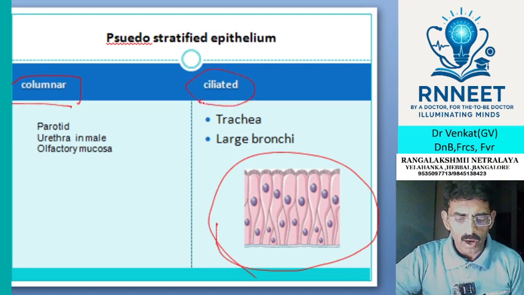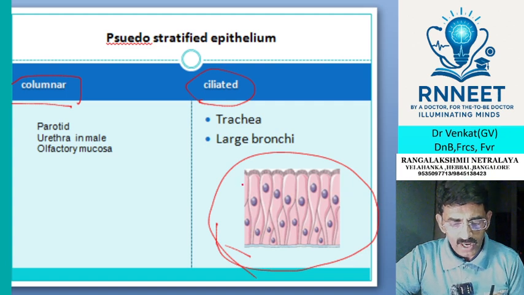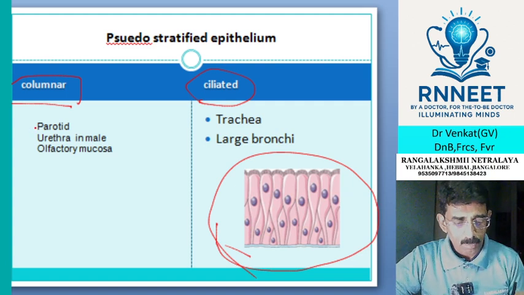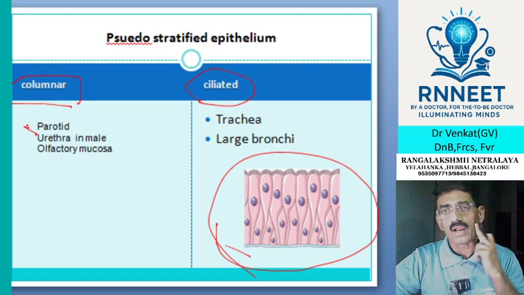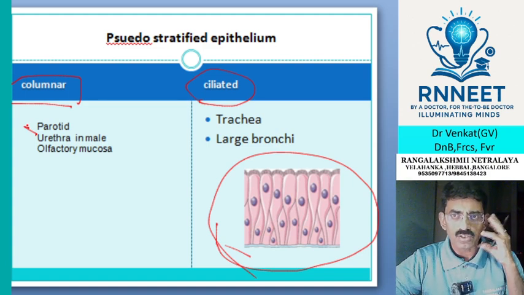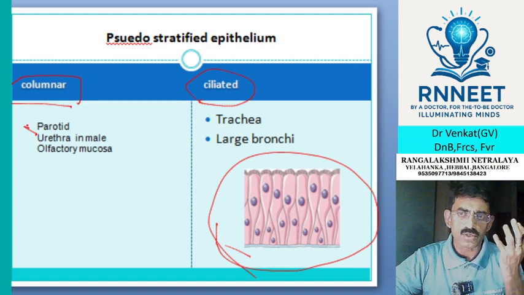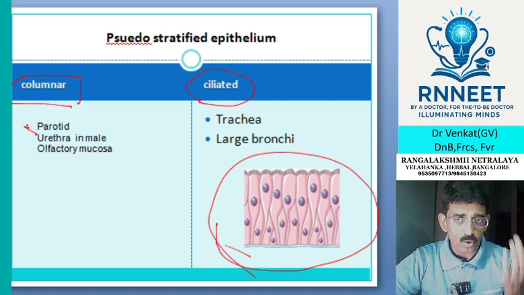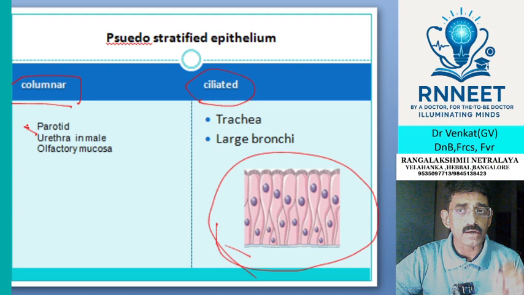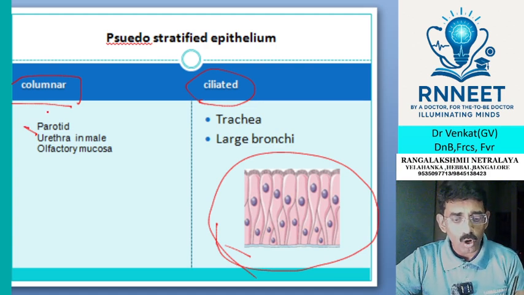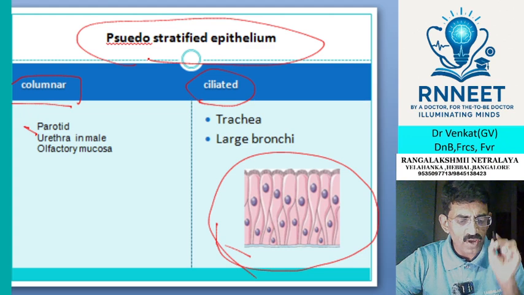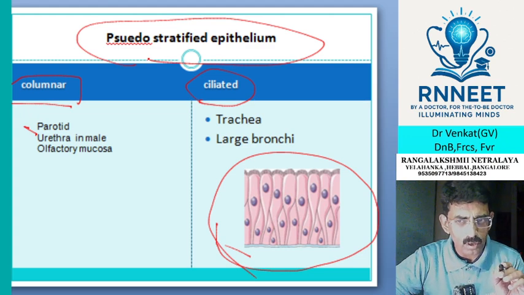If they are columnar, as here, without any cilia, it is mainly present in the parotid gland. The parotid gland is the gland present here, whose swelling causes what is called mumps. So the parotid gland is one gland which is columnar pseudostratified. Another very important part you want to remember is the olfactory mucosa.